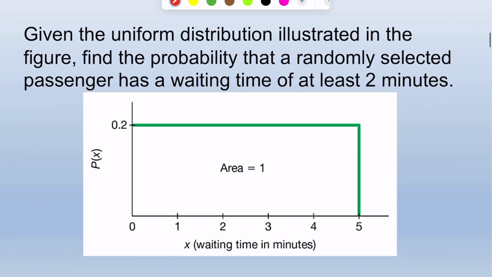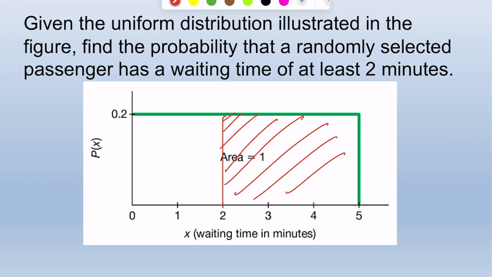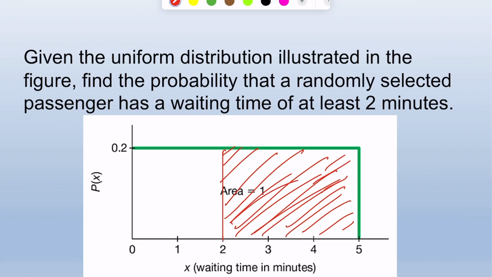At least 2 minutes. Well, I guess that would include 0, all of this stuff, all the way to, no, at least 2, forgive me. At least 2 means more than. So here's 2, and I want to include all of this here. So all of these possibilities are going to go into that probability. And so the probability is going to be this area.